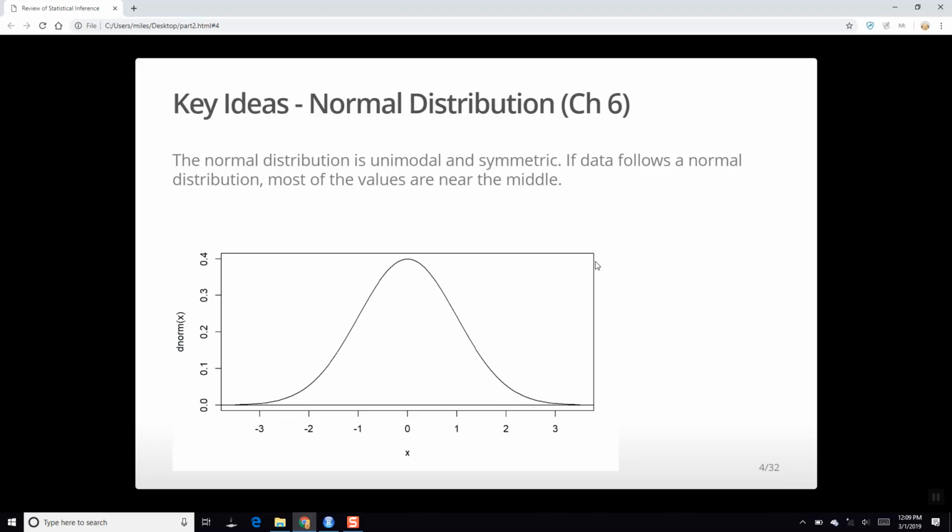And the normal distribution looks like this. And the key idea for the normal distribution can be boiled down to this sentence, which is if data follows the normal distribution, most of the values are near the middle, okay? That's it, okay? If it's unimodal and symmetric, you learn those terms and stuff. But the big idea is if it's normal, most of your values are going to be near the middle.